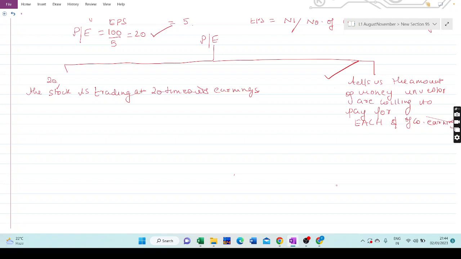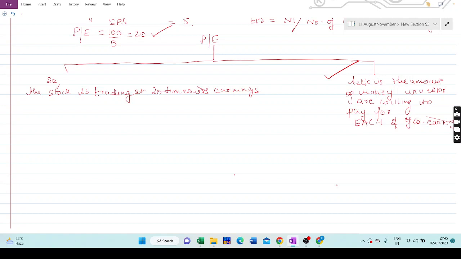Naturally, investors would be willing to pay more only if they are very optimistic about the company's future earnings. They would be expecting rapid growth in the earnings of the company. That is when they would be willing to pay more.